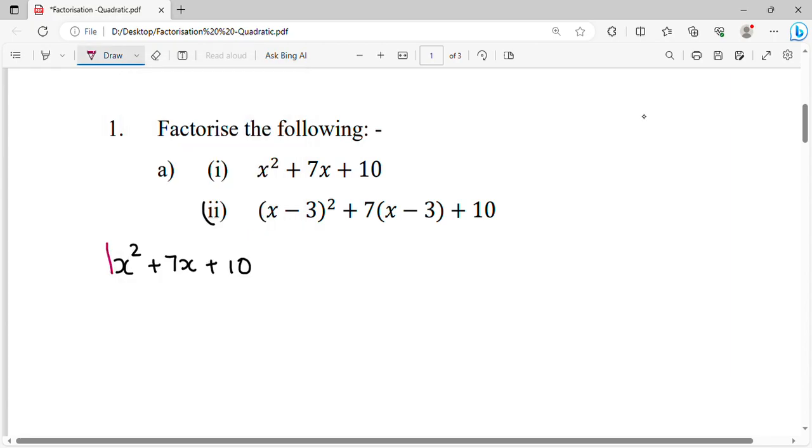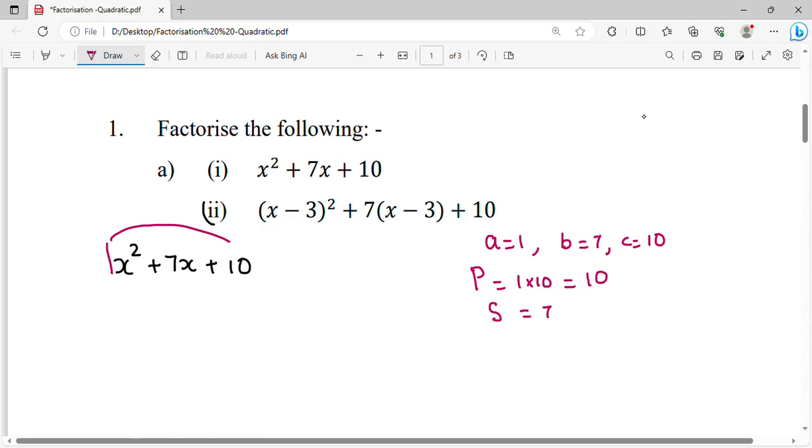So my a is equal to 1, b is equal to 7 and c is equal to 10. So, based on this, my product, which we represent by P, will be 1 multiplied by 10, which is nothing but 10, and the sum is 7.